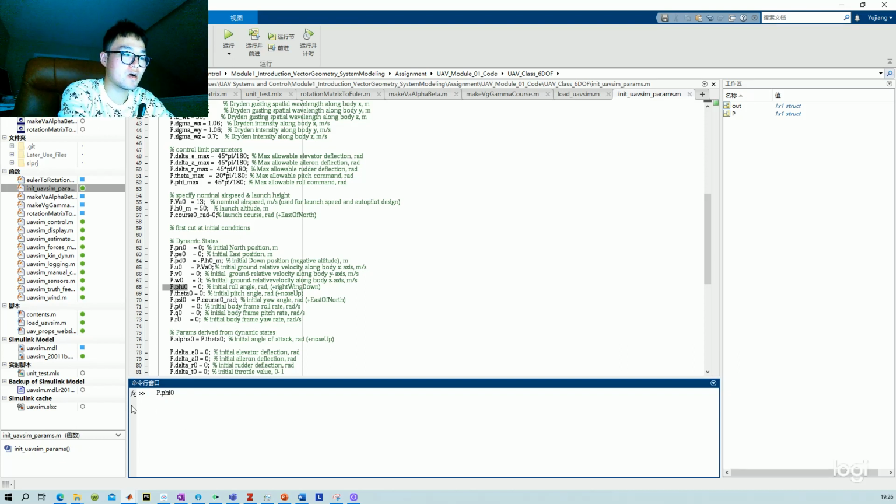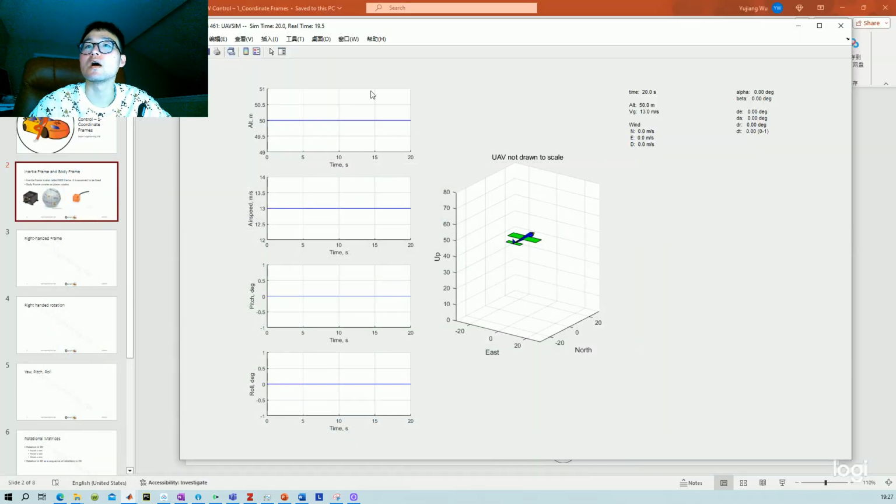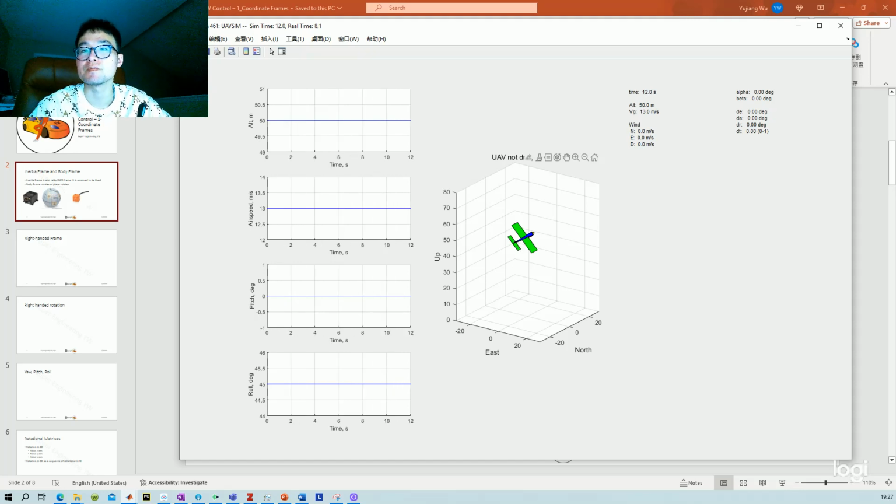If my roll angle is 45 degrees divided by 180 multiplied by pi in radians, let's simulate this. When we run the simulation, we see that the roll angle becomes 45 degrees and the plane changed its position.